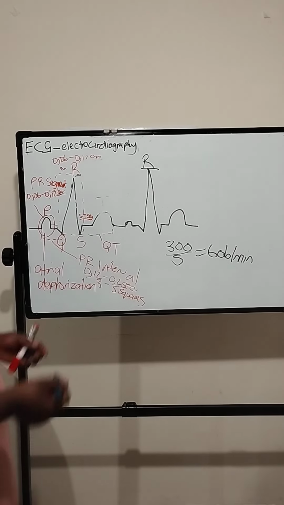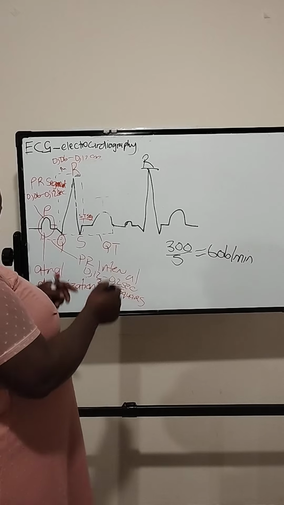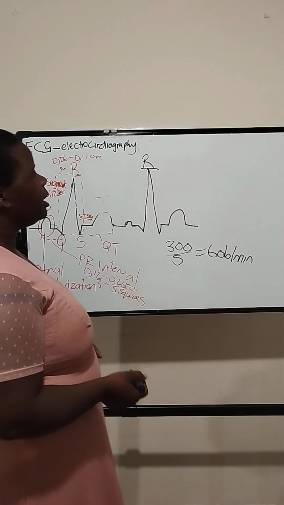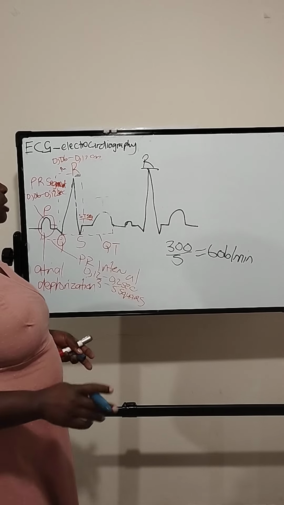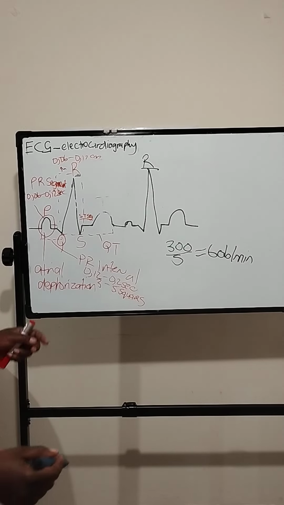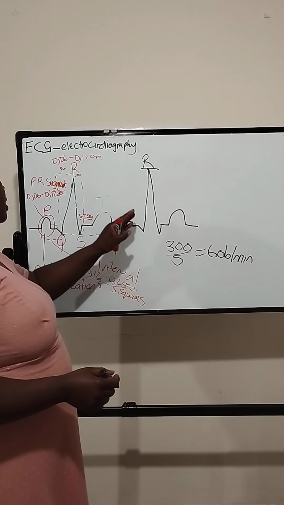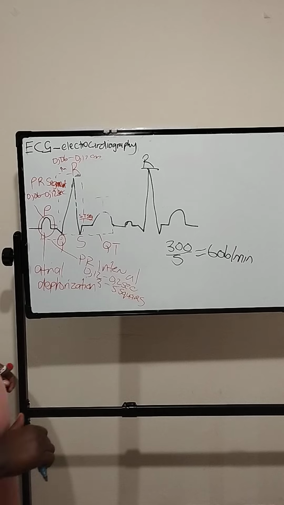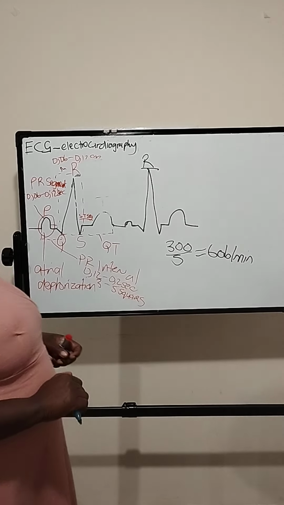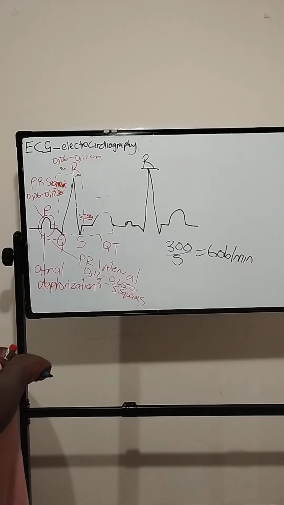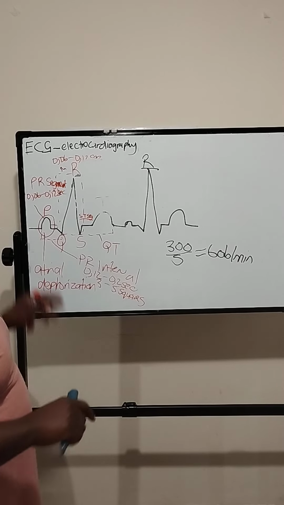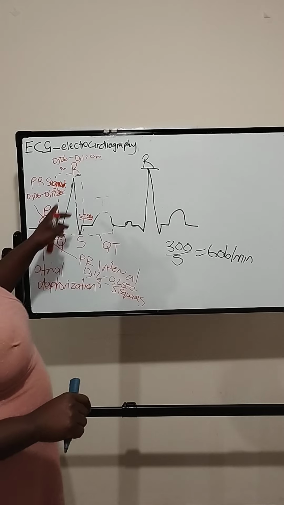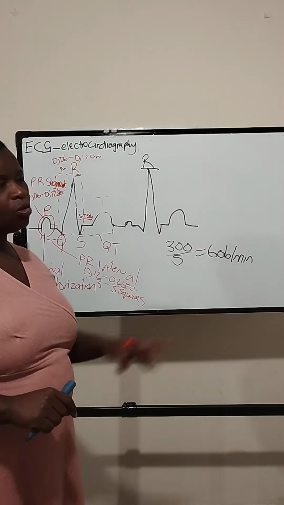And if the heart rate is not regular, that is, the distance from one R to another is not similar, it means you are not going to use the method of calculating the big boxes from one R to another to calculate the heart rate of a patient using the ECG strip. So what you do is you take a 10-second strip and you calculate the number of R's on that 10-second strip.